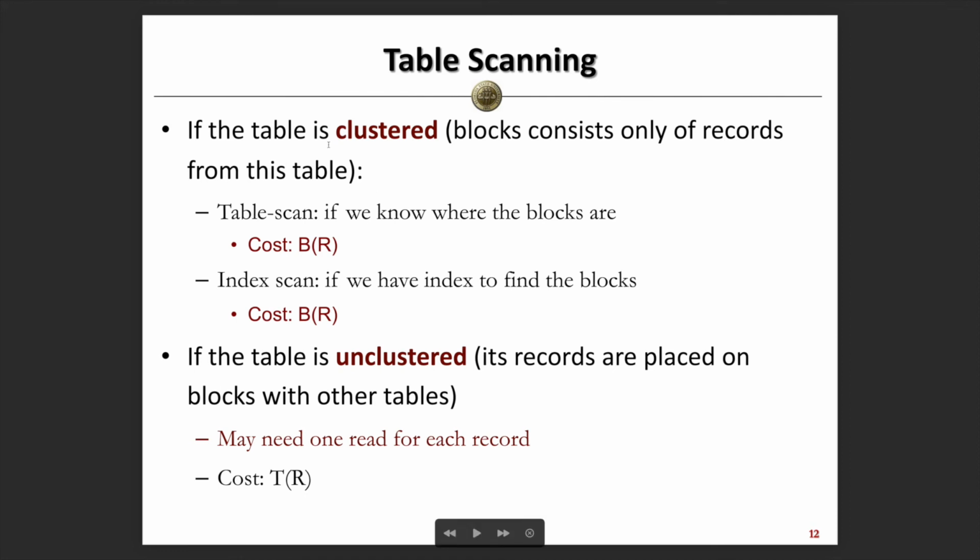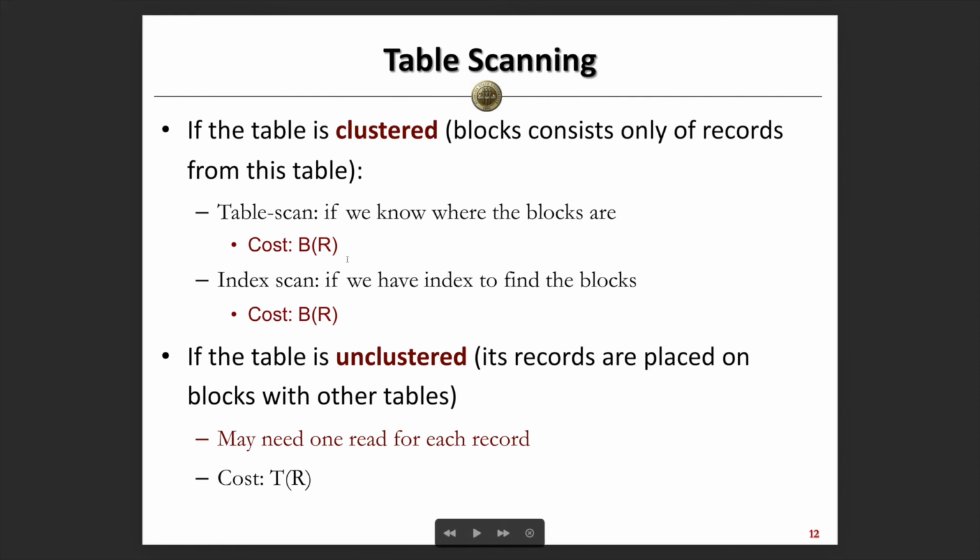If the table is clustered, and we scan the whole relation, if we know where the blocks are, we can do the scanning in a very fast manner. The time cost will be based on BR. If you still remember, BR denotes the number of blocks holding the relation. Because the table is clustered, we just need to locate the blocks where the records come from, so the time cost will be about BR.